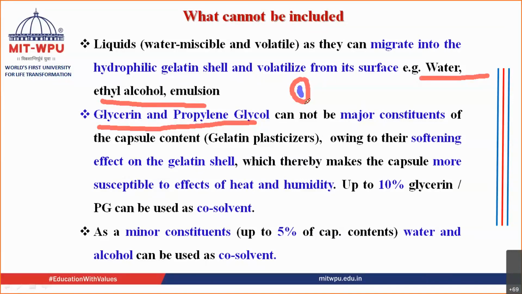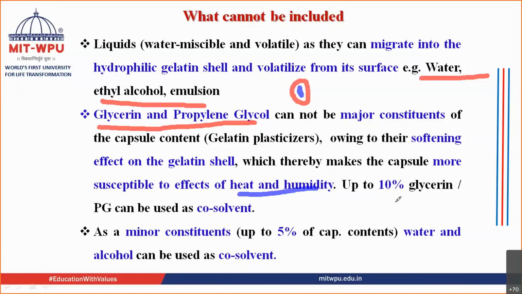Why? Because they act as plasticizers. And what is going to happen? Because of this glycerin and propylene glycol, or the plasticizers that have been used, if you fill them, they are going to cause softening of the capsule shell, and thereby it is going to be susceptible to the effect of heat and humidity.